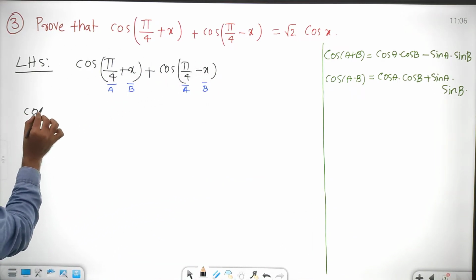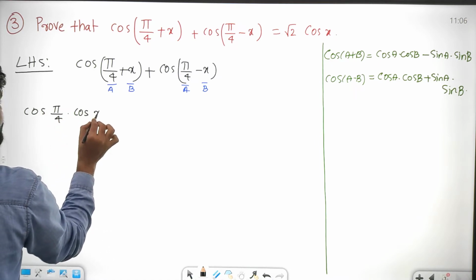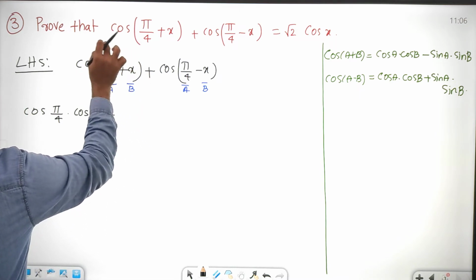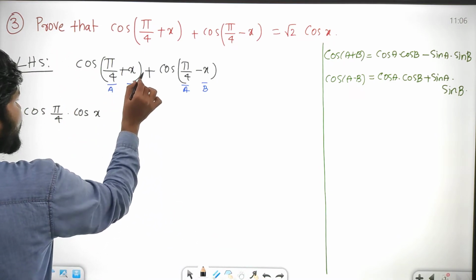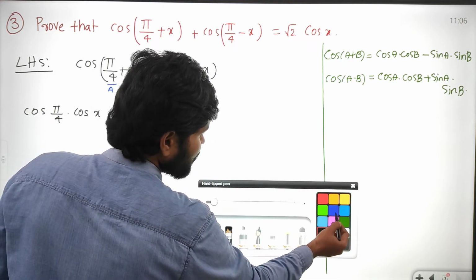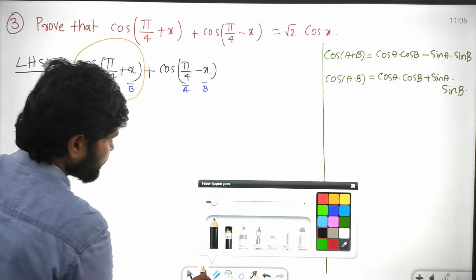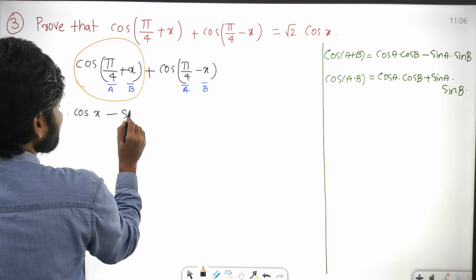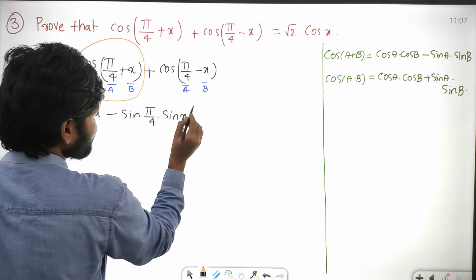See, cos a cos b minus sin a sin b. I am writing this term first, okay?